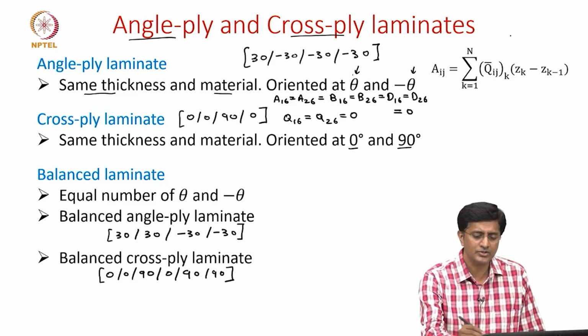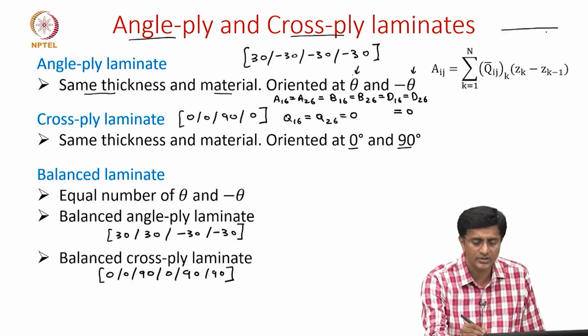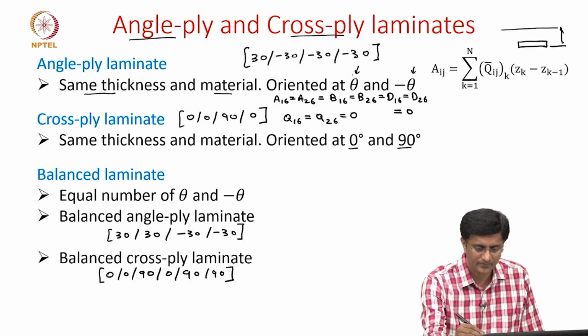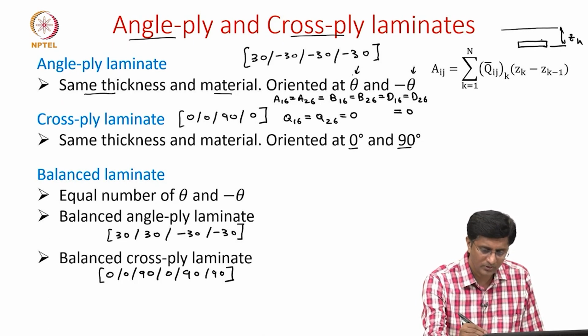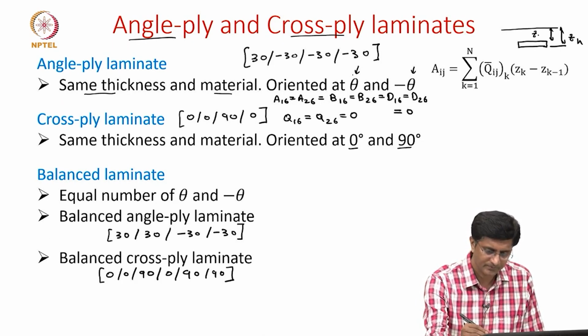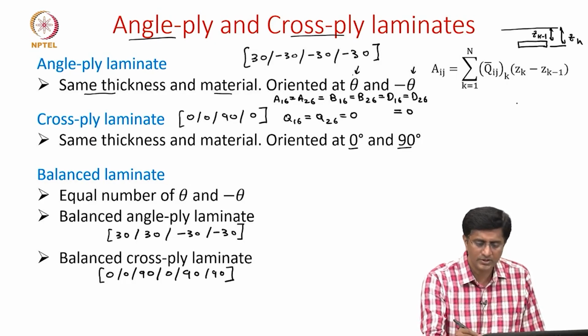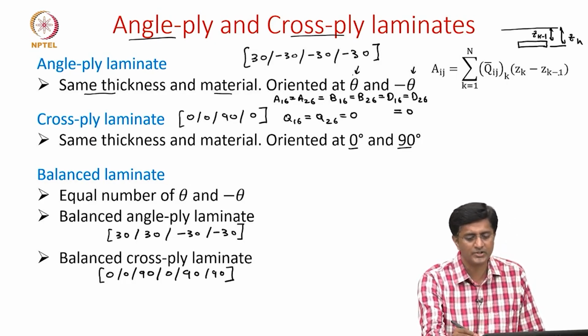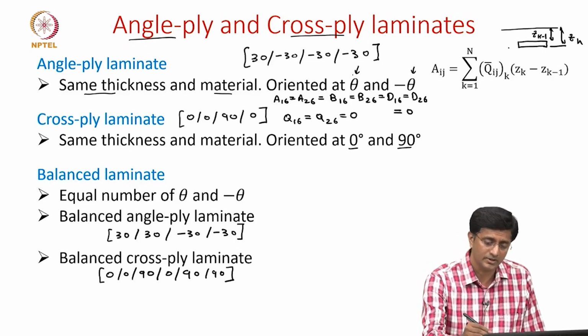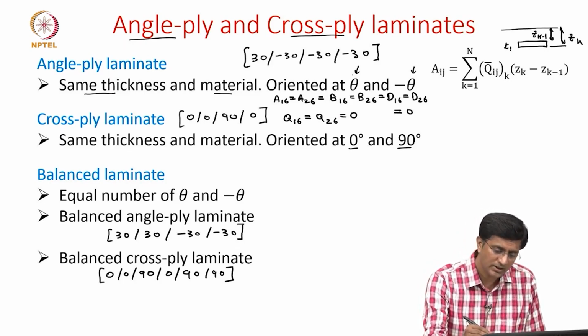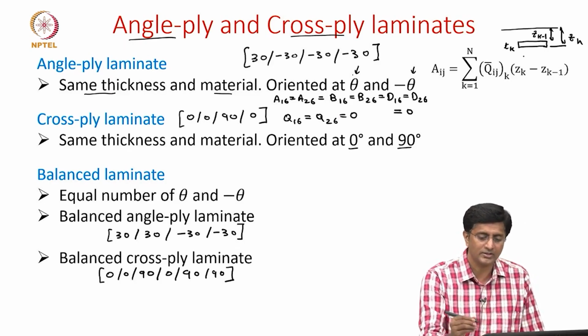If you look closely, earlier we said if this is the mid surface and this is a particular layer, this bottom surface is represented with Zk, and the top surface is represented with Zk minus 1. So what is the difference, Zk minus Zk minus 1? It is simply the thickness of this layer.